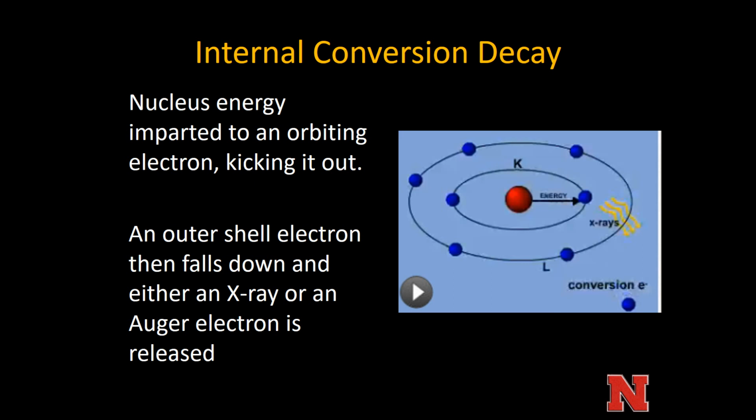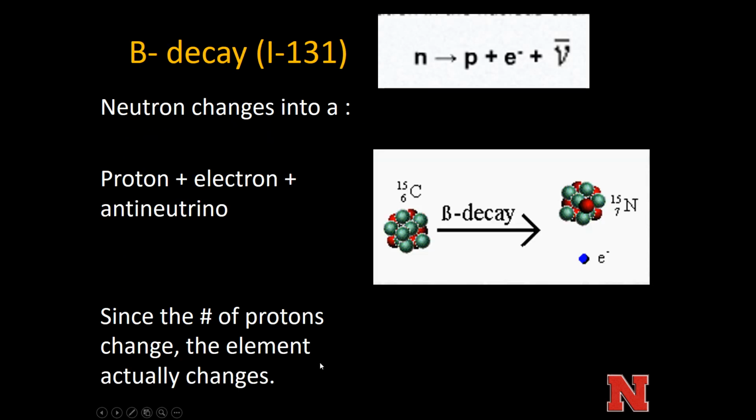To stay along that zone of stability, it takes that energy, imparts it on an orbiting electron, kicking it out, and then an outer shell electron will fall down, and either an X-ray or an Auger electron is released. So if you think about it, energy is imparted onto an electron and it gets kicked out, one of the outer orbiting shells falls in, and an X-ray is released as a result of that energy that's gained by going from the outer orbital shell to the inner, more tightly bound shell.